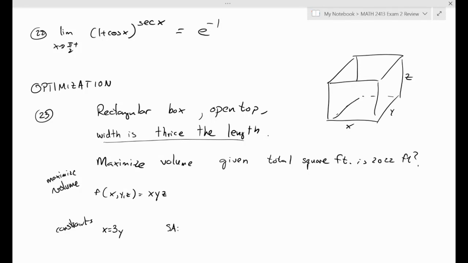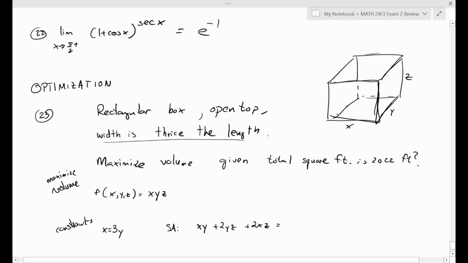We have the bottom square or rectangle. We have 2 of these sides, right? 1 on either side. And then the front and the back side, so that would be x times z. There's 2 of those. Okay. And no top, so that's why there's only 1 bottom. And that's 2022.